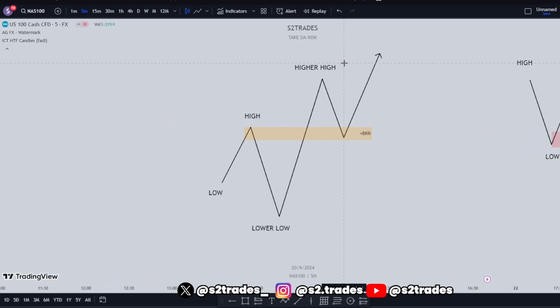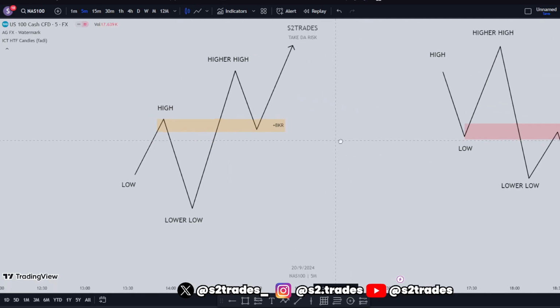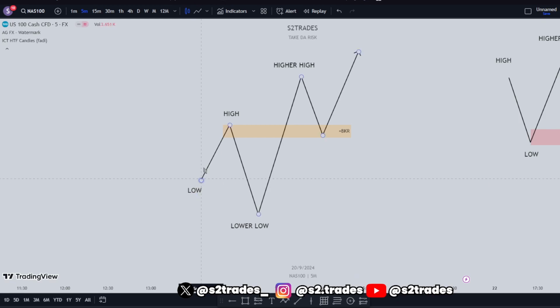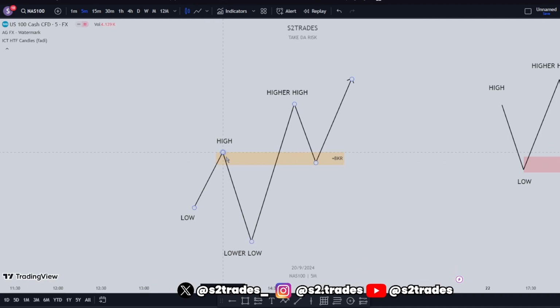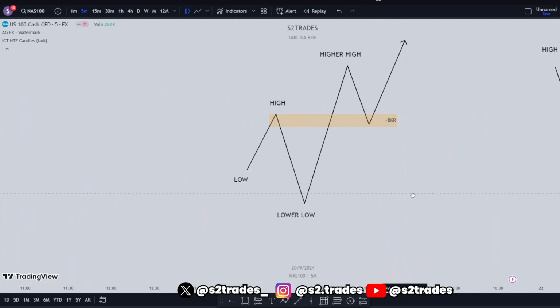So let's look at this bullish breaker block indicated by this plus sign over here. We see this low create a high, that creates a lower low, and that creates a higher high. This high is a breaker block, meaning that when it comes back into this block, it's going to propel off.